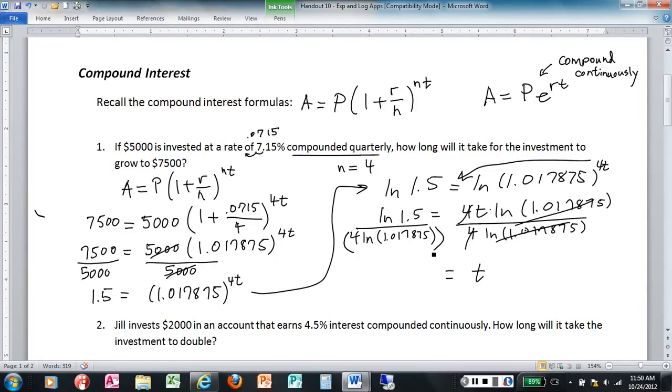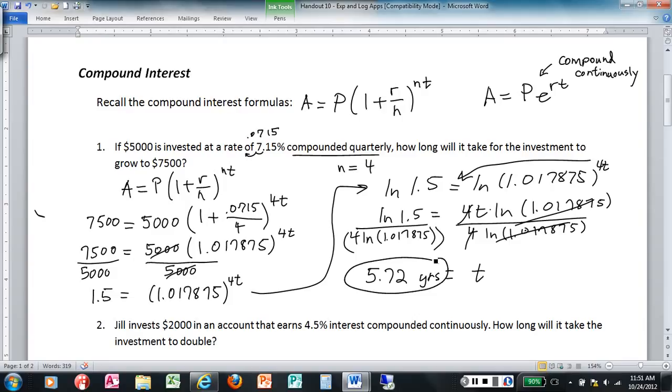So I have ln 1.5, then divide that by parentheses for ln 1.017875. That gives me 5.72, and that's my time.